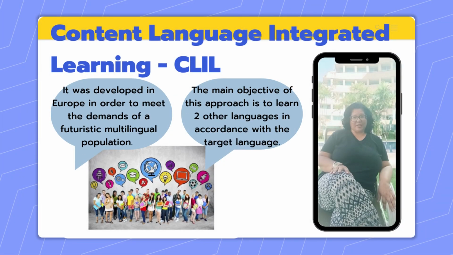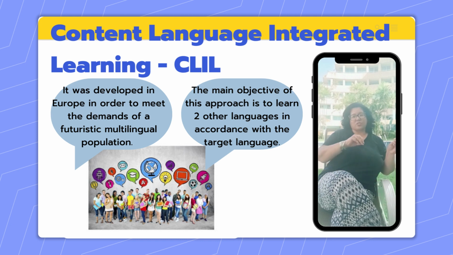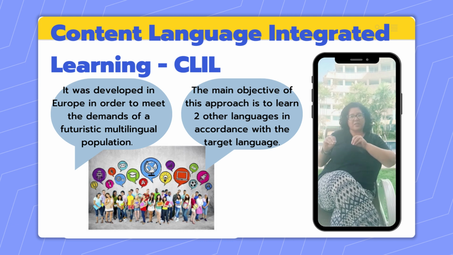Content language integrated learning. The initials are CLIL. This approach was developed relatively recently and in Europe due to the demands that society was imposing on the educational system in order to form new students that would be multilingual.